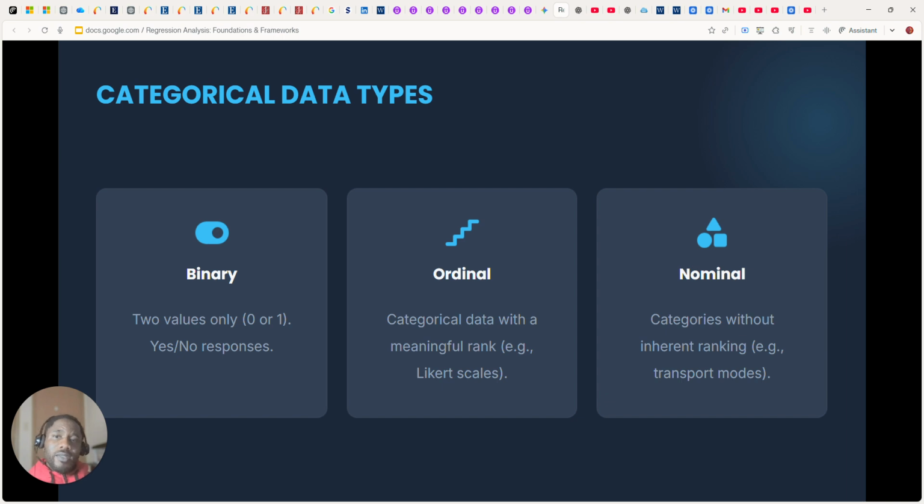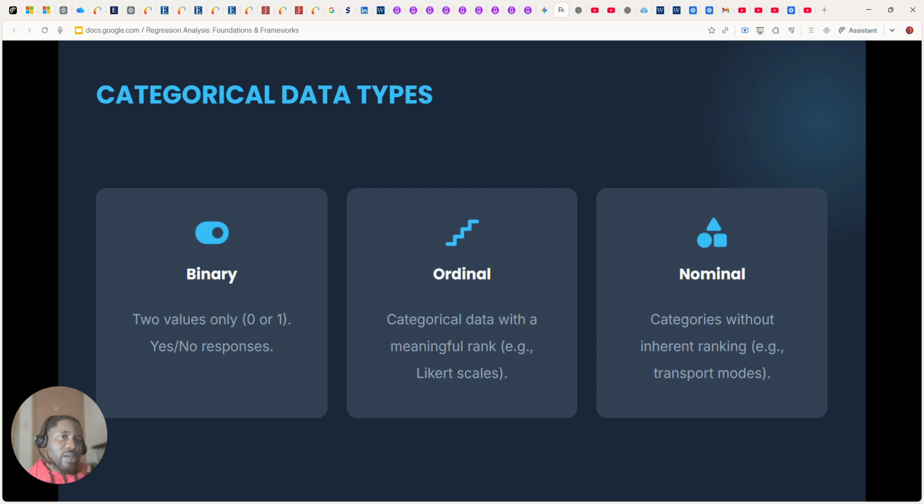Ordinal data is more like categories with a clear order, but the distance between ranks is unknown. Ordinal data can be like a Likert scale where you say strongly disagree, neutral, agree, strongly agree.